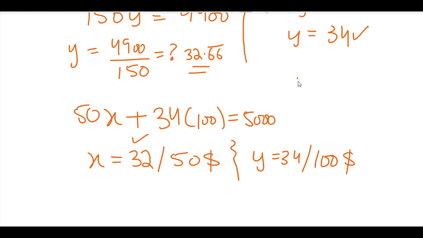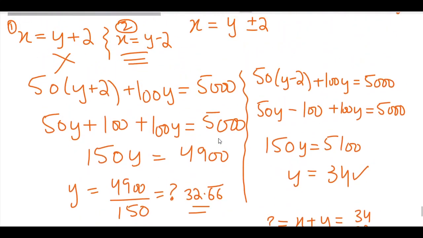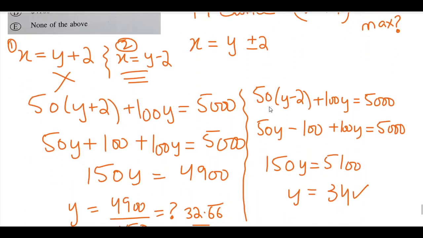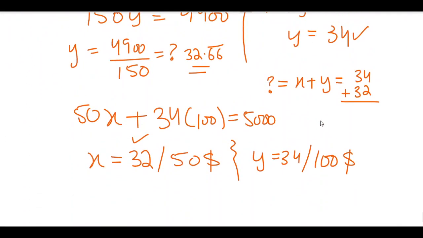So the total x plus y is going to be 34 plus 32. I'm just adding to get the total. And remember, this was basically the question mark. If you come back up over here, this was the question mark. Remember, here. Okay. So this is basically 4 plus 2 is 6. 3 plus 3 is also 6.